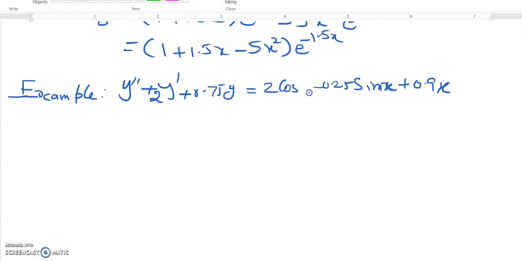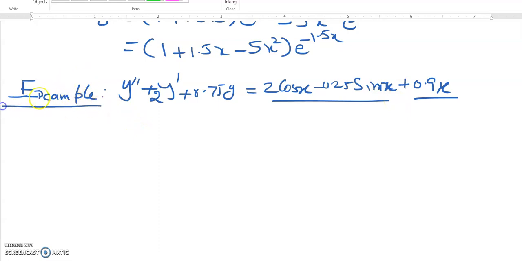In this case, the function on the right hand side is a combination of two types of functions. This is the trigonometric function, and this is the polynomial function.